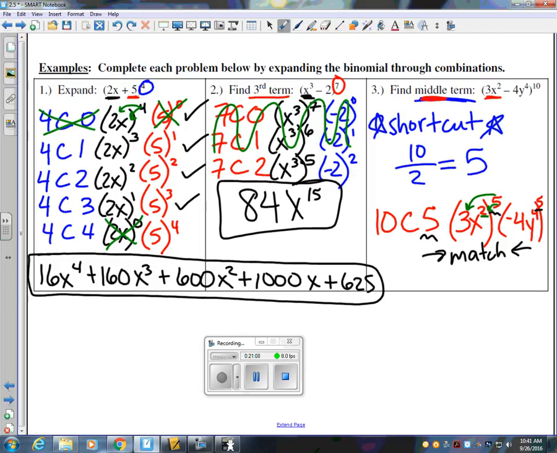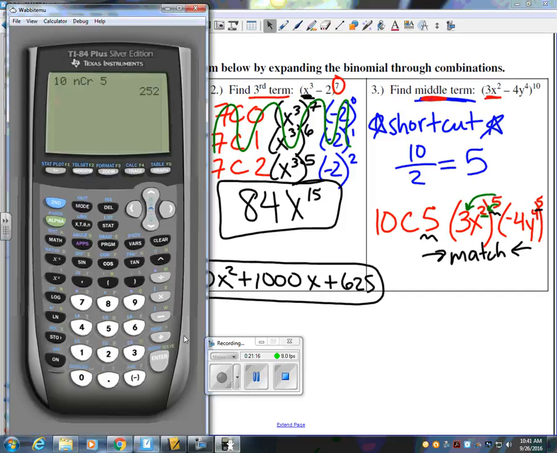We're not typing any of the letters in our calculator. So in my calculator, I've already typed in 10, choose 5. Now I have to multiply it by times 3 to the what power? 5th, not the 2nd. The 2nd goes with the X. We're doing 3 to the 5th. The reason I didn't use parentheses is because it's positive, so you don't have to worry about them.